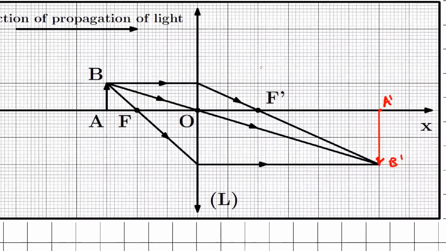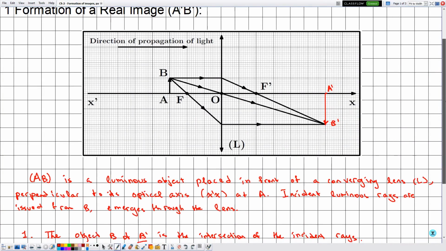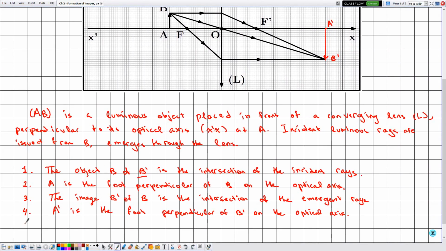Now notice that all the incident rays that are coming from B emerge from the lens going to B prime. Then let's write down the statement that all incident rays issued from B emerge going to B prime.